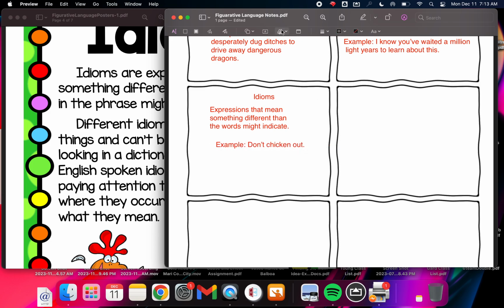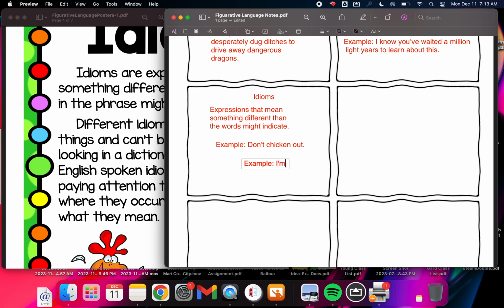And then let's do another one here. Another idiom that we use all the time might be don't count your chickens before they've hatched. We said that one, right?